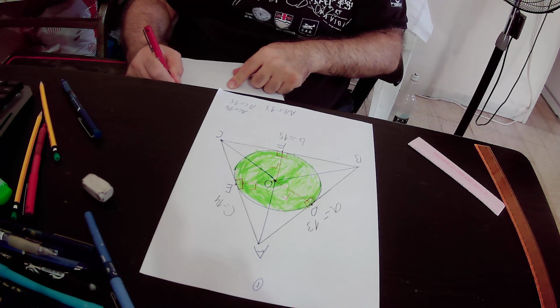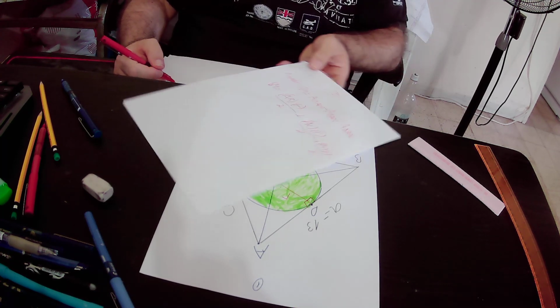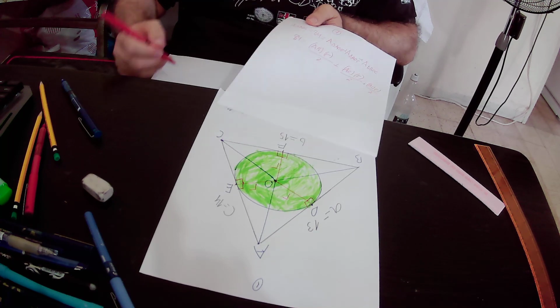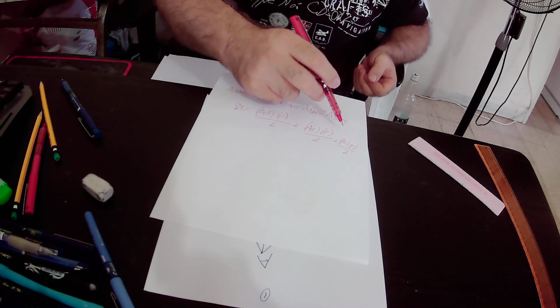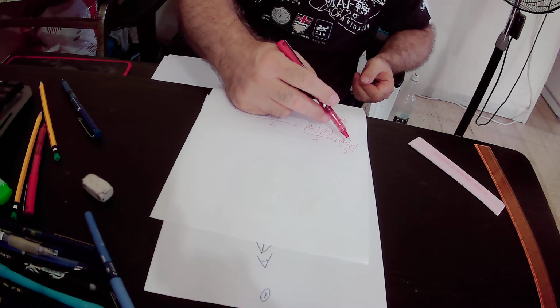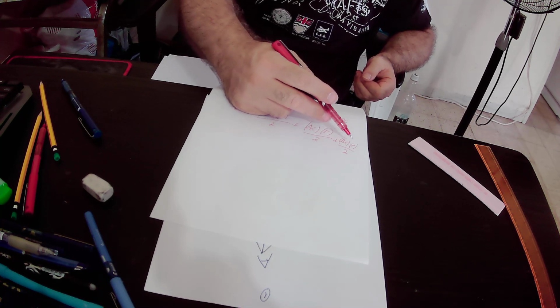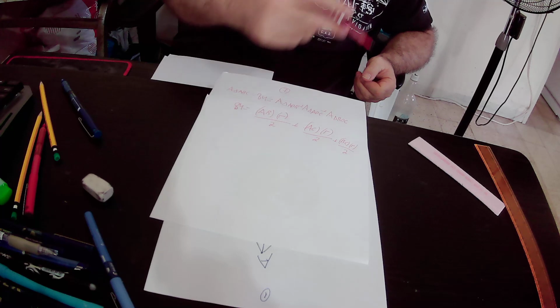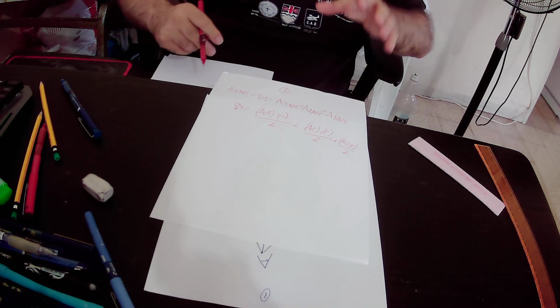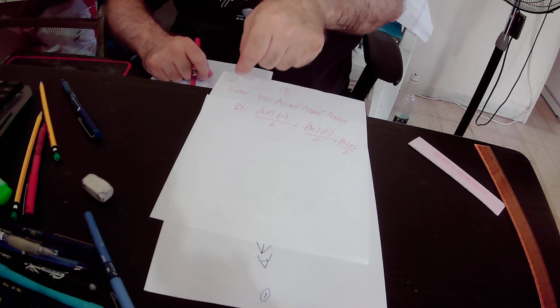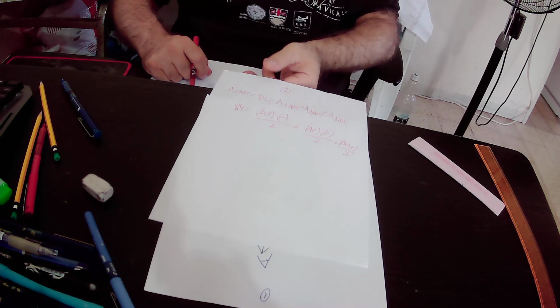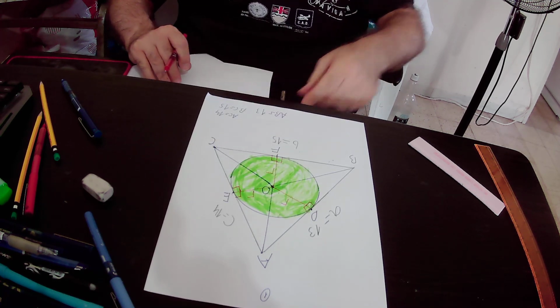So the area of triangle BOC, this triangle, equals the base BC times the height to the base, that is the radius of the green circle, over 2. Okay, so the sum of those three small triangles equals the area of the big triangle, that is actually 84 square units.